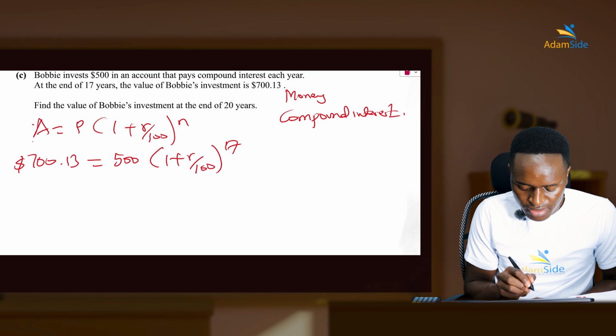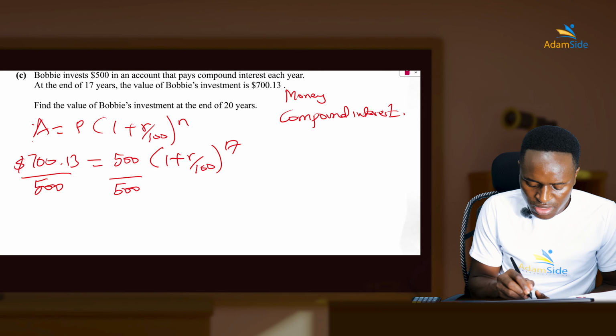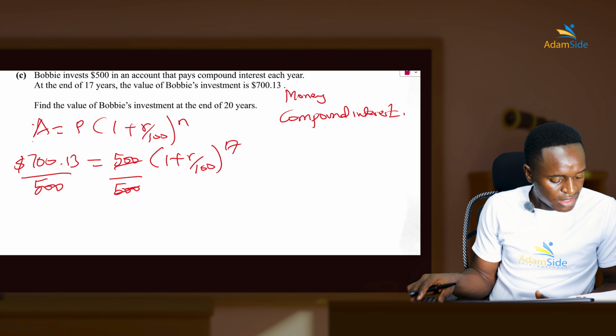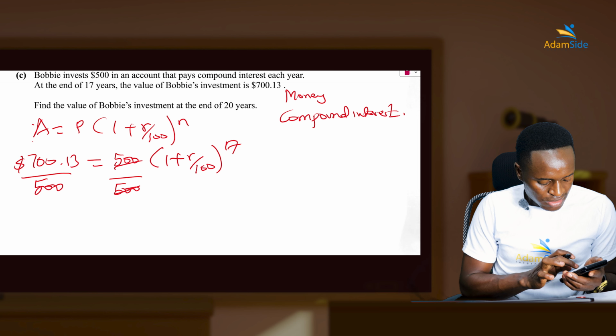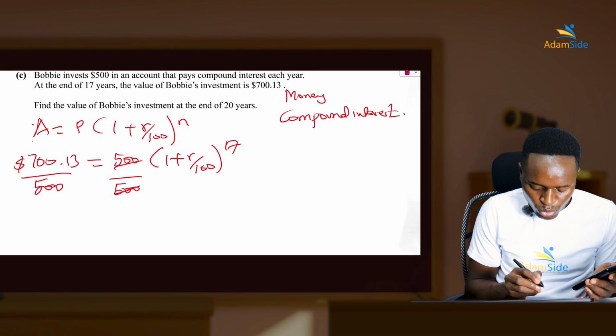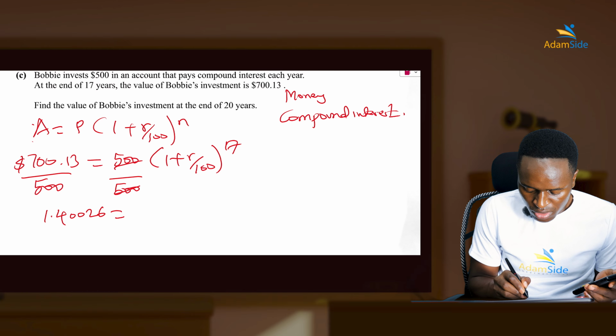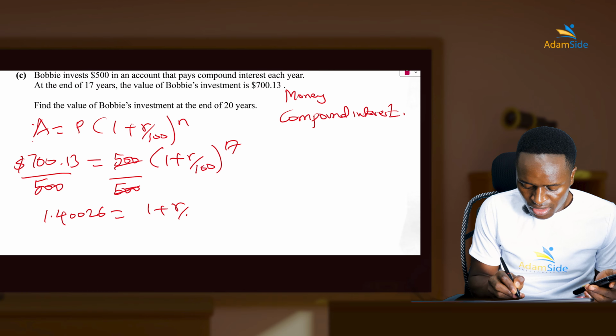Now let's find the rate. So you divide by 500, divide by 500, cancel. If you do that, you get 700.13 divided by 500, you get 1.40026 is equal to 1 plus r out of 100 power 17.